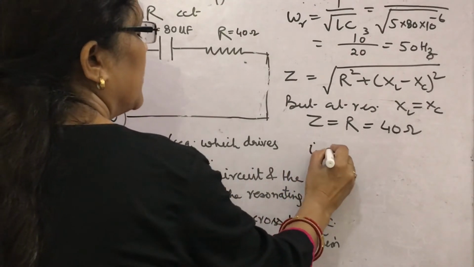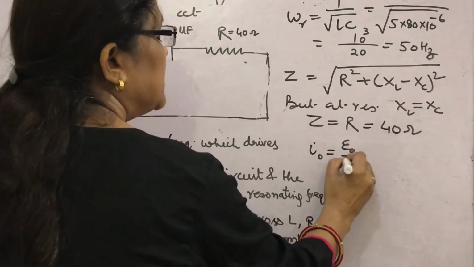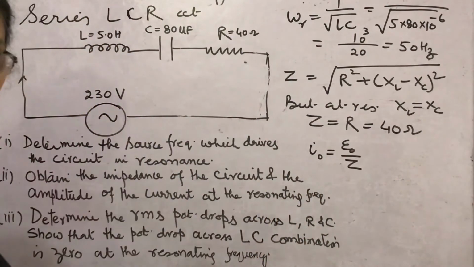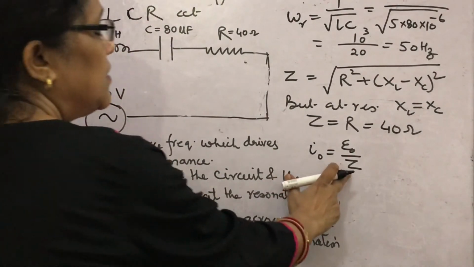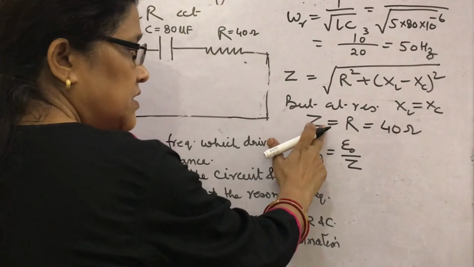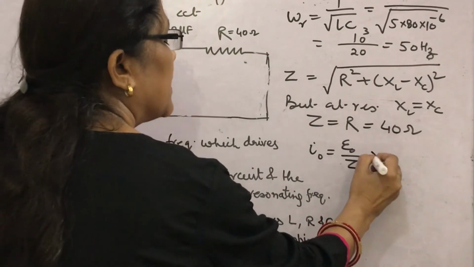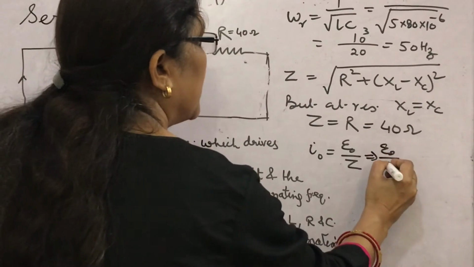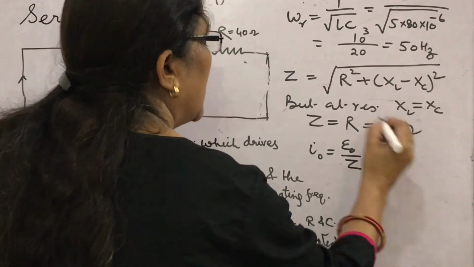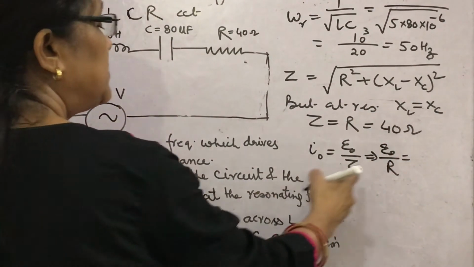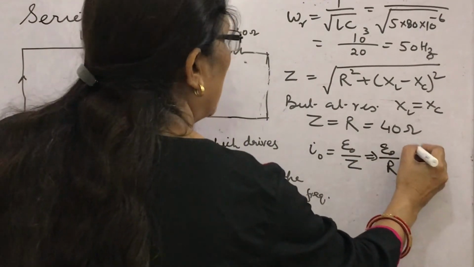The amplitude of the current will be I naught equal to E naught upon Z. You know, amplitude means maximum current. Z at resonance, this impedance is minimum, and that is R. So we can write applied voltage upon R. What is E naught?